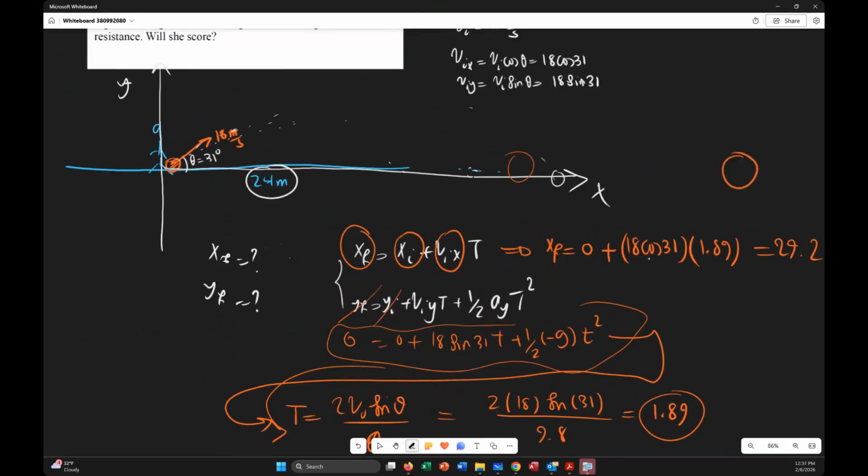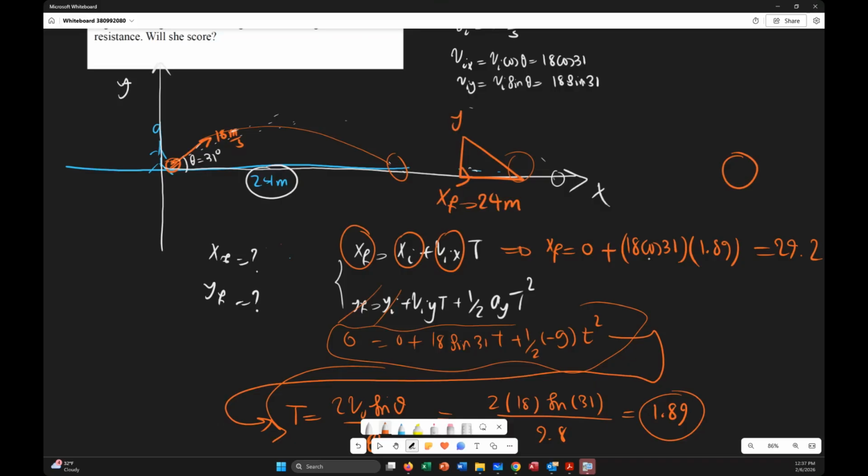But my goalie right now is here, yes? Definitely it is not this scenario. It is this scenario, okay? But we don't know what is the Y position, yes? We know that definitely it passes the goalie. Okay, what I can do is find the Y position when the ball is here, when XF is 24, yes?